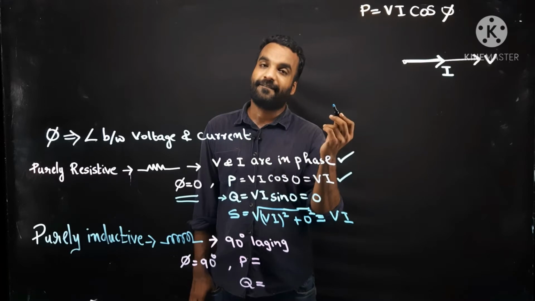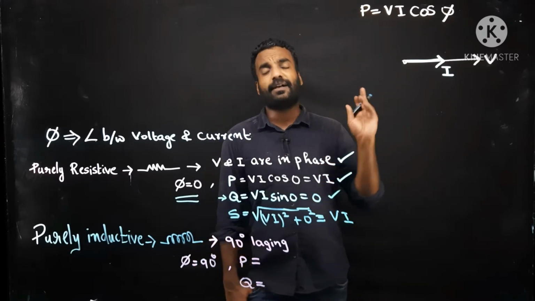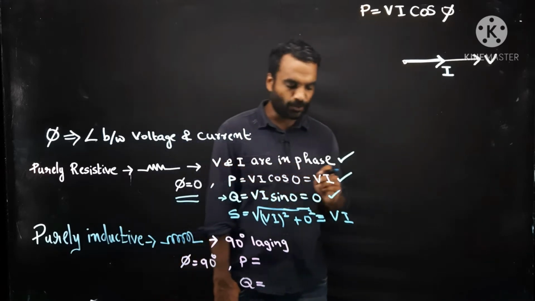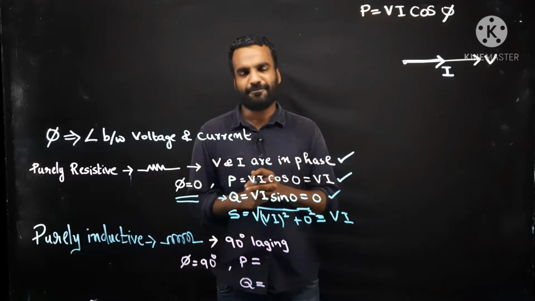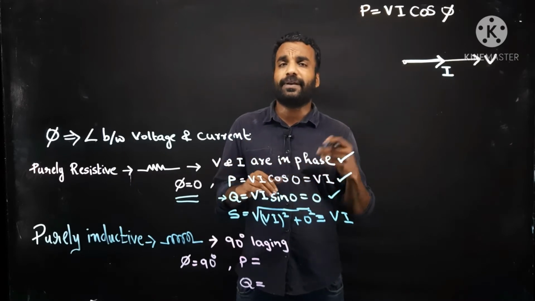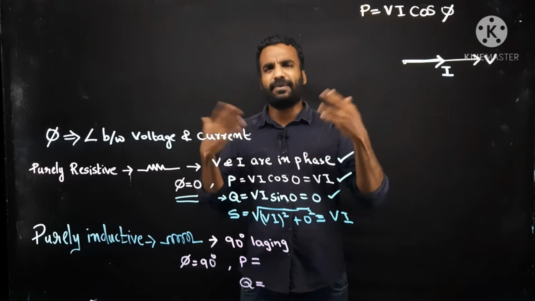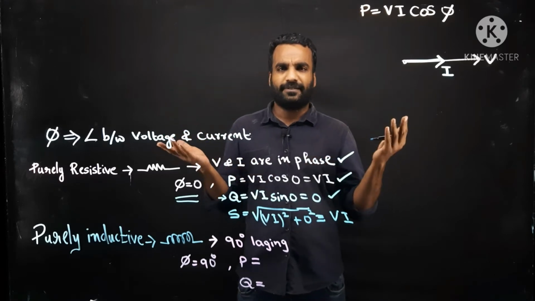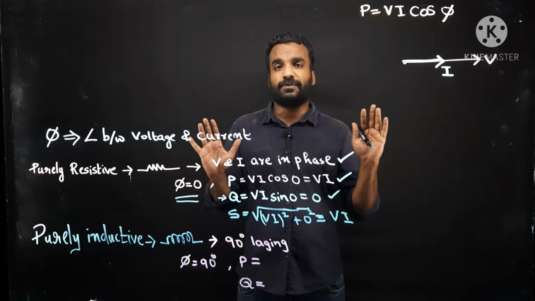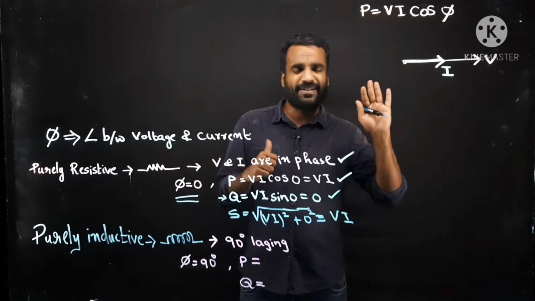VI sin 0, that is 0. What you can understand is, if a circuit is purely resistive, the entire current you are giving will be converted into active power. You will get some heat, some light, like that. Flux will not be produced, or storing of energy will not happen, just dissipation.